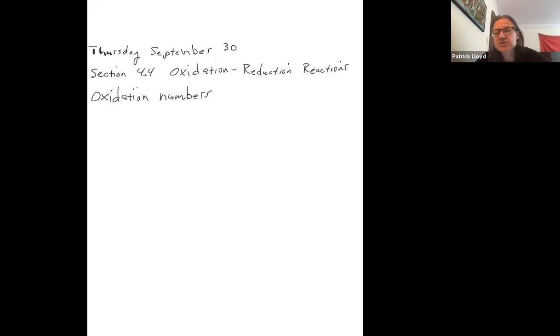That's probably an acid-base reaction. With redox reactions, there's a couple of different ways to analyze them. The first way is through what are called oxidation numbers. The older term for this would be oxidation states, so you'll see that terminology out there as well.